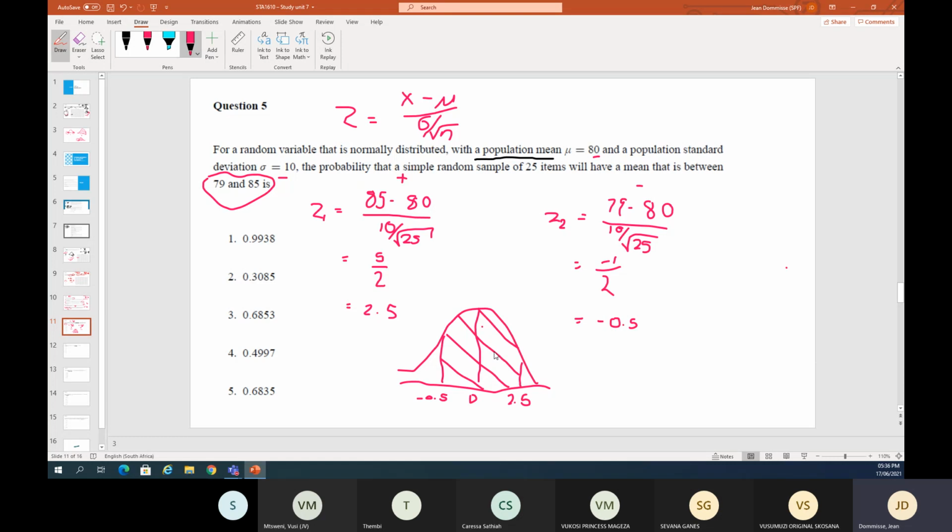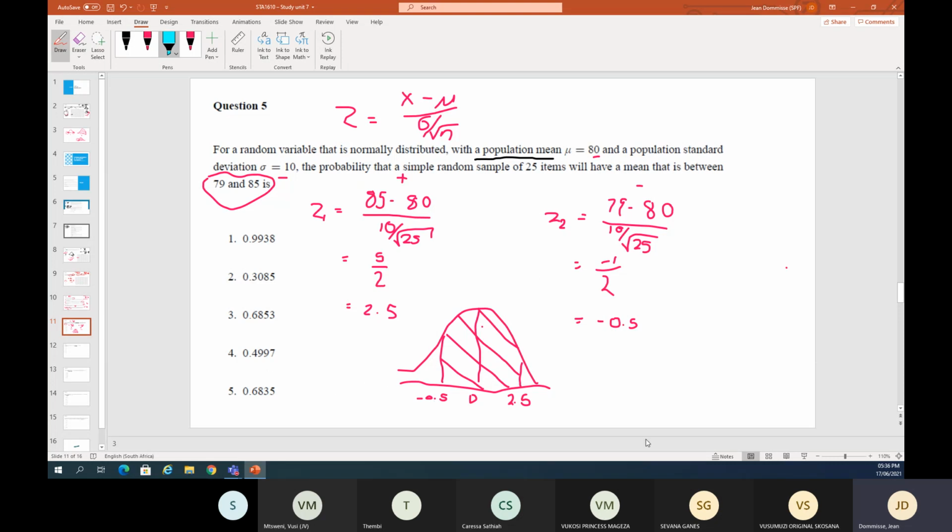We can do this in a few ways, and maybe if somebody has one of the tables with them.